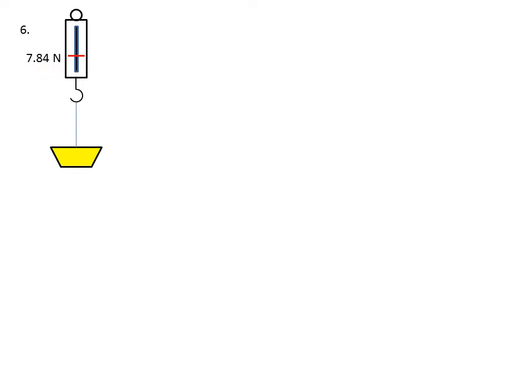If you were to draw a free body diagram for the crown, it will look like this. The forces acting on the crown would be the weight and the tension, or rather the force exerted by this string on the crown.